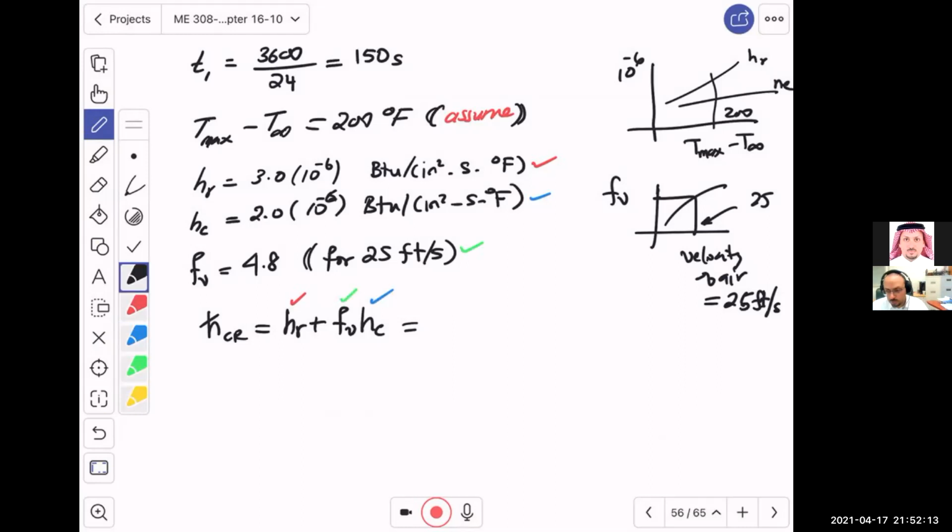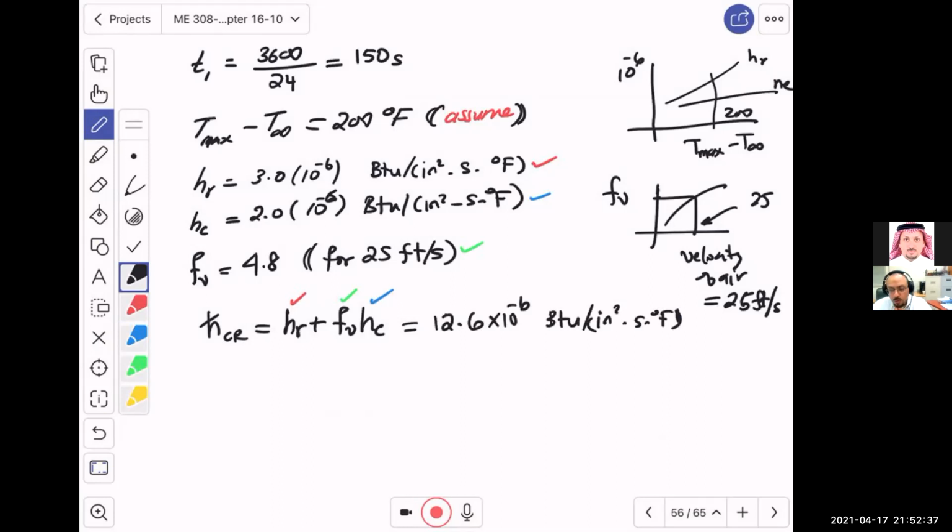So how much would I get out of this? I will get 12.6 multiplied by 10 to the power minus 6 BTU divided by inch square second degrees Fahrenheit. All right, good.